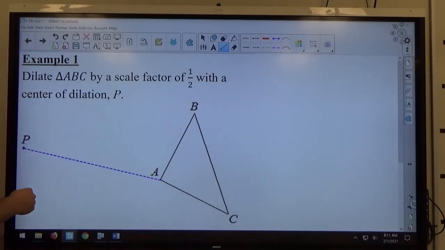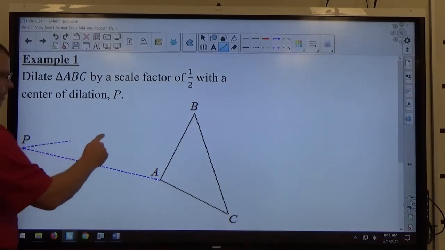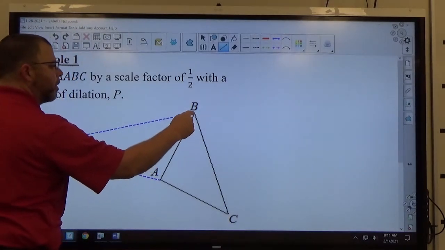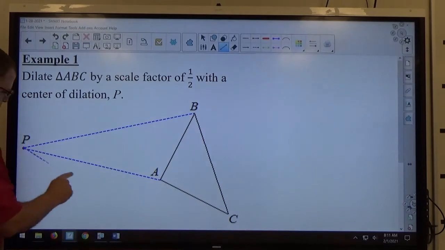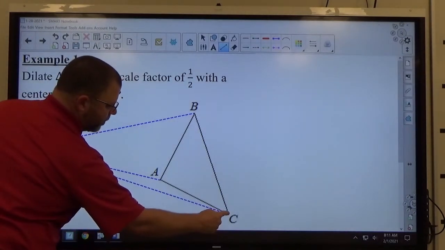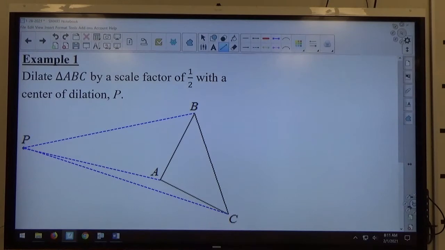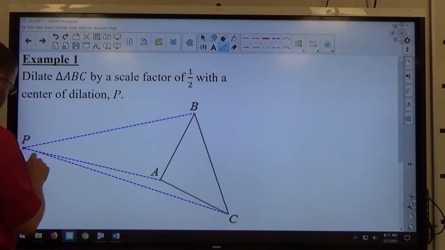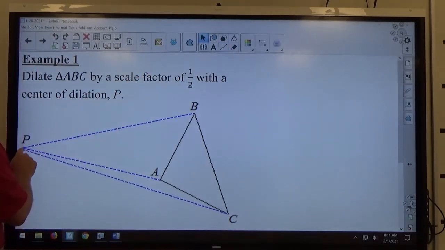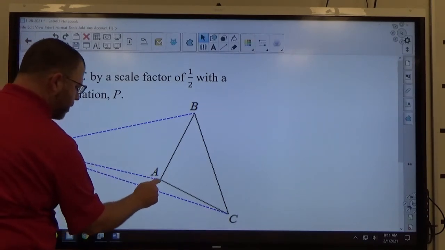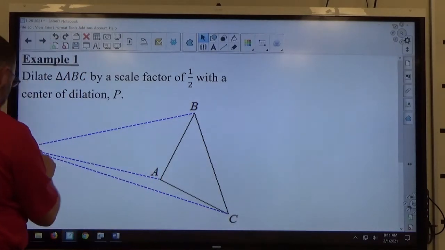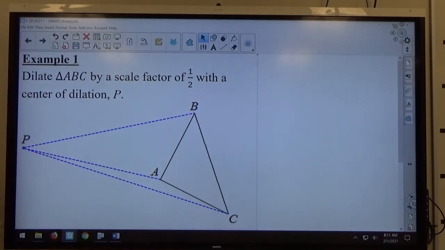And then repeat that for P to B and P to C. Be as precise as possible when you do this. The images of each of these points will lie along these lines.